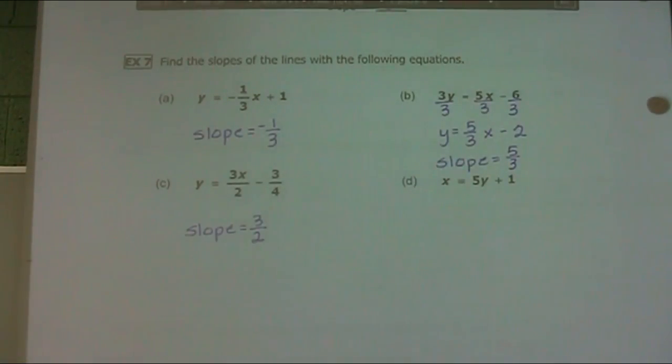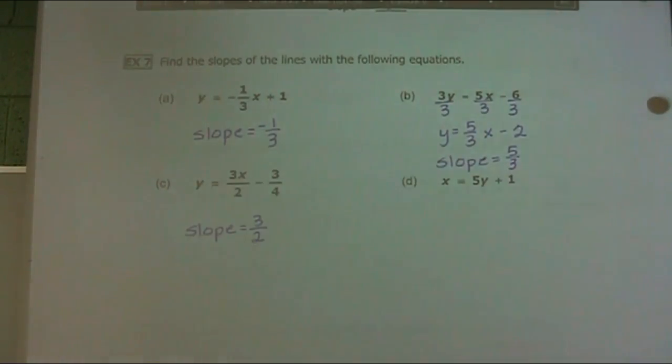Now, example D, we can't get the slope yet. This is not in slope-intercept form. In order for this to be in slope-intercept form, we need to have y equals mx plus b. The x is on the wrong side, the y is on the wrong side. So we need to fix all that before we can find slope.